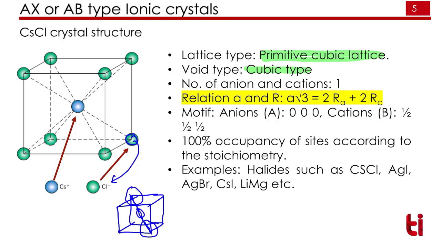This is the body diagonal, that is A root 3, and the radius of one anion plus the radius of another anion gives you 2RA, plus the diameter of the cation gives 2RC. So the relation between A and R will be A root 3 equals 2 times the radius of the anion plus 2 times the radius of the cation, and that is shown here.